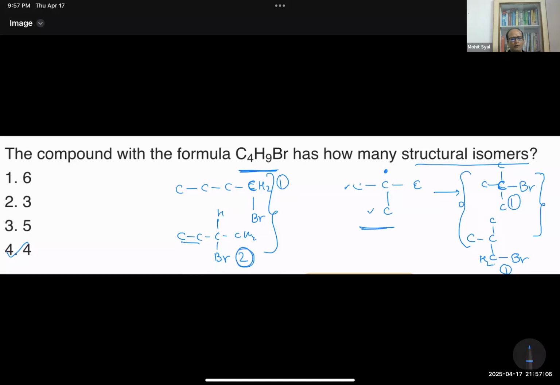The chiral carbon forms 2 non-superimposable mirror images. So if the question asks for the total number of isomers including stereoisomers, my answer will become 5. It will not remain 4, because one of the isomers was optically active.